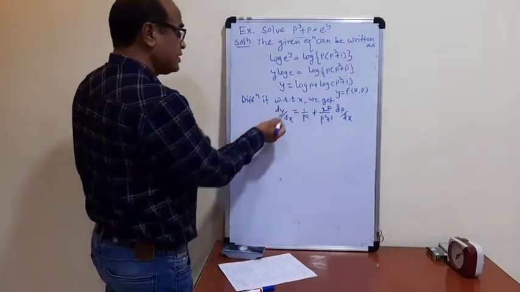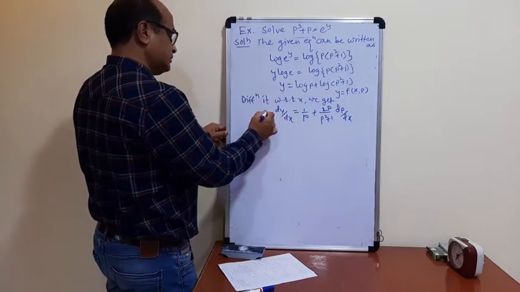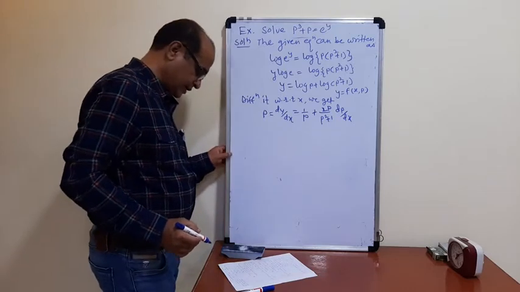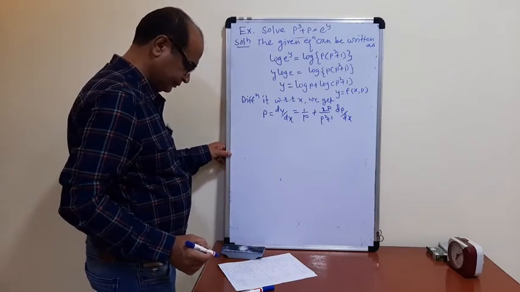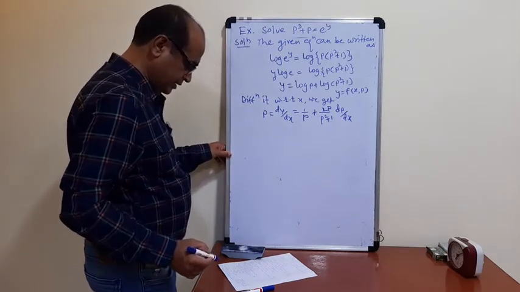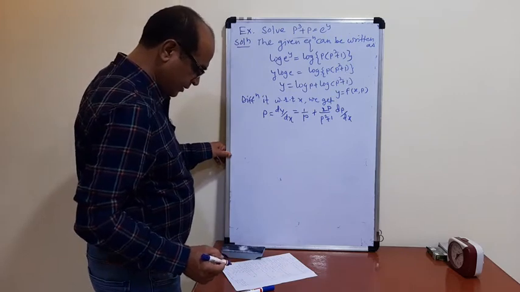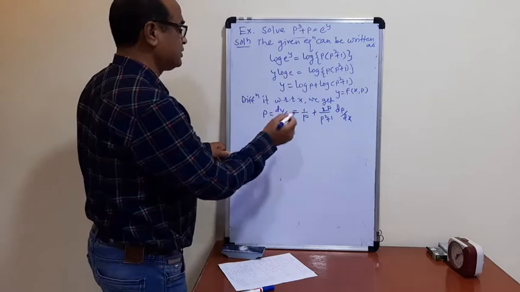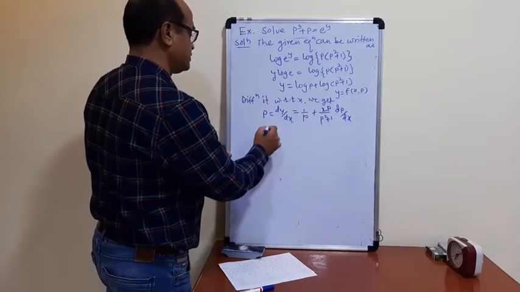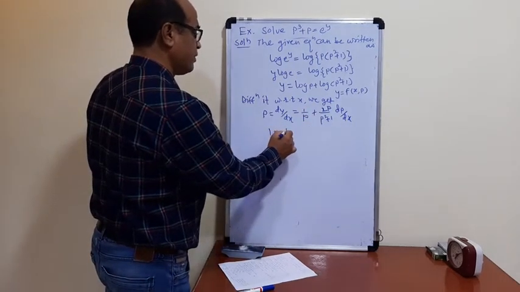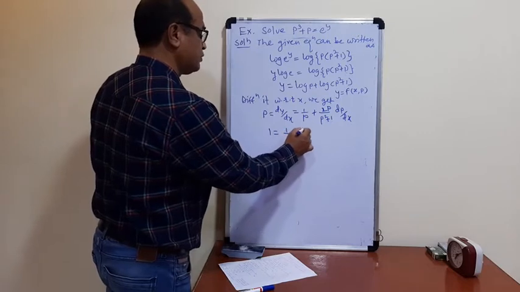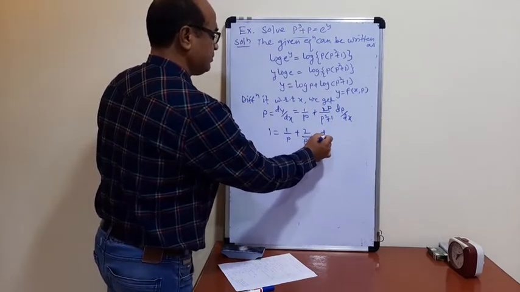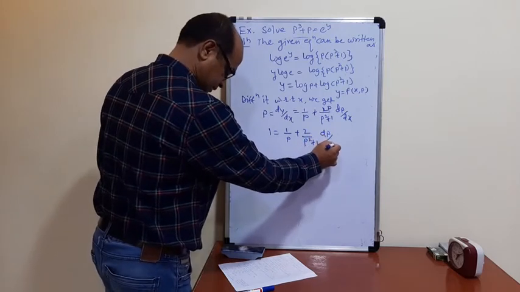So what is the dy by dx? So this is p here. Then this equation can be written as, dividing by p throughout, 1 is equal to 1 upon p square plus 2 upon p square plus 1 into dp by dx.